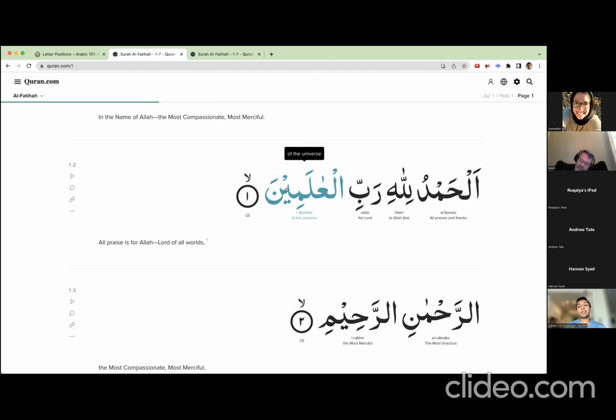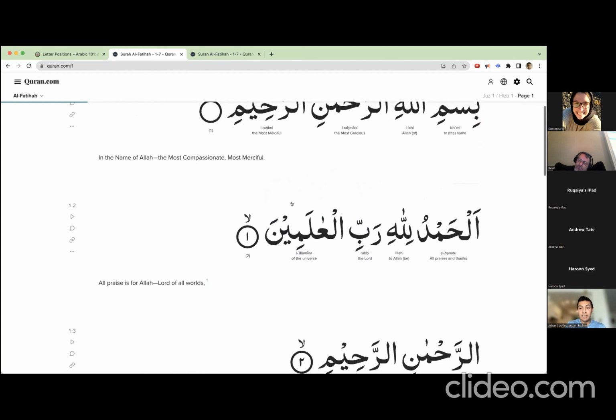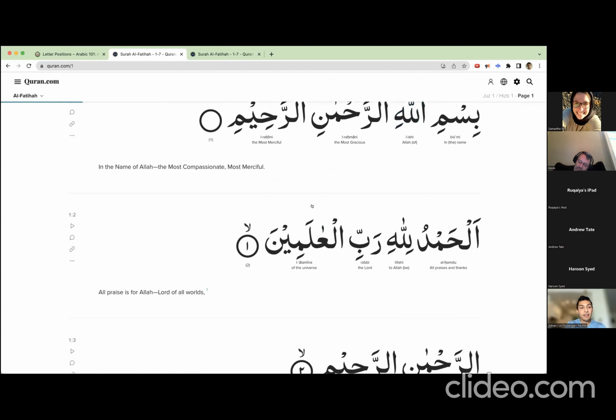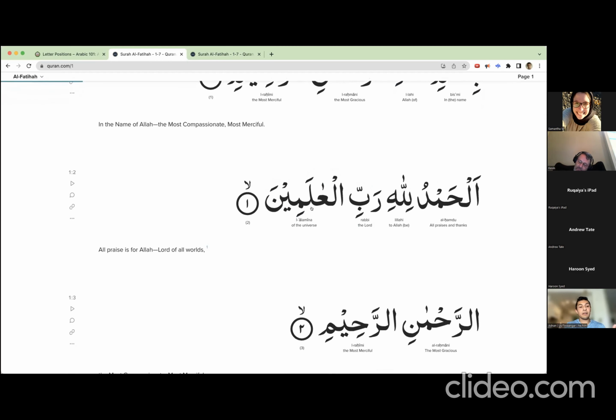So once again, remember, this is a construct phrase, Lord of the worlds. The first word you just connect, and then the second word takes the genitive case. We were talking about the genitive case having this E sound, but in the plural it becomes ina. So Rabbil Alamina means the worlds, plural, okay?